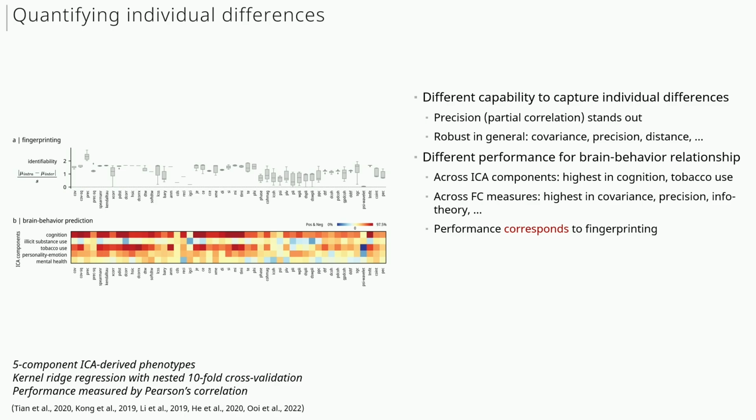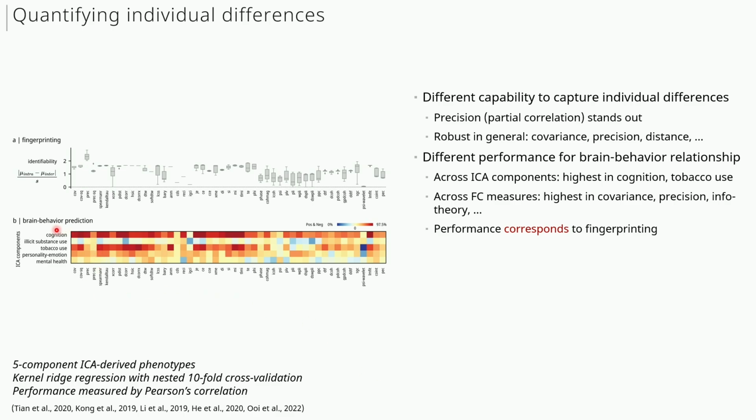We next consider how well these different FC measures can be used for predicting individual differences in cognition and behavior. For simplicity, we follow the approach from Tian and colleagues and use these ICA-derived 5 components as a target. We then use ridge regression to predict component scores for each individual from the FC measures.